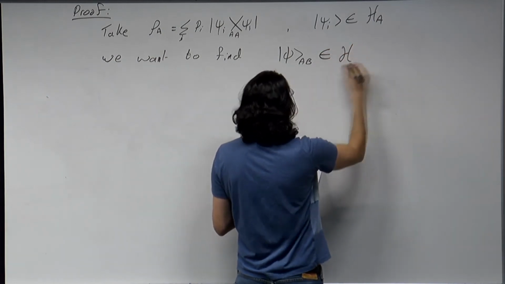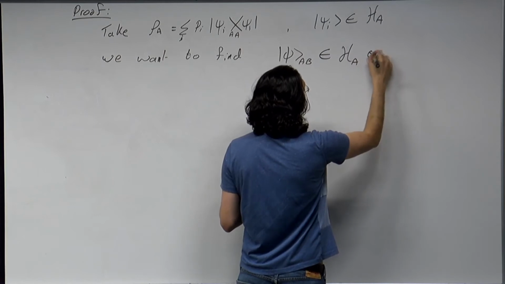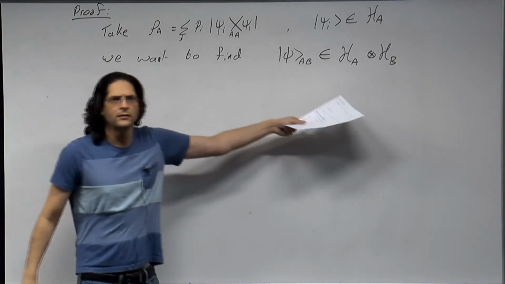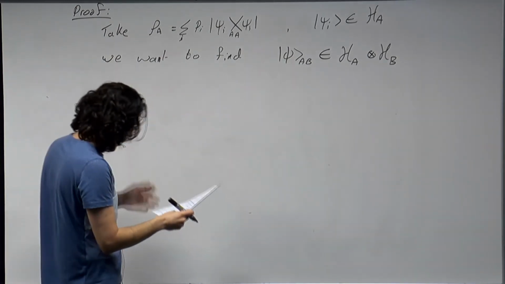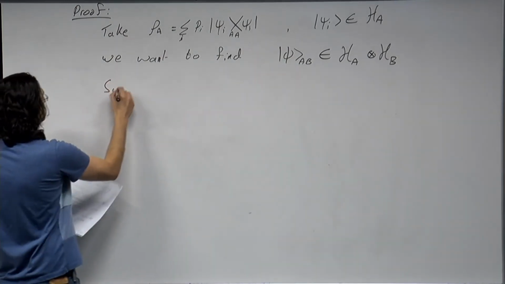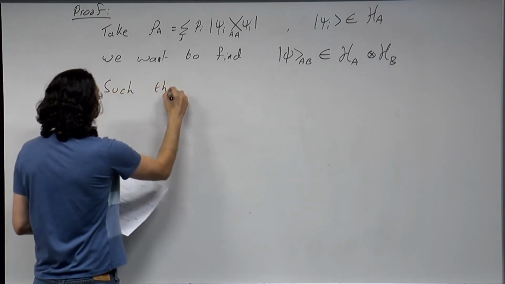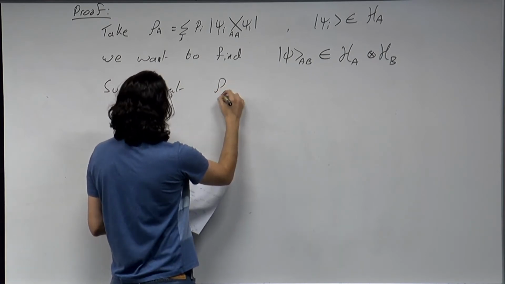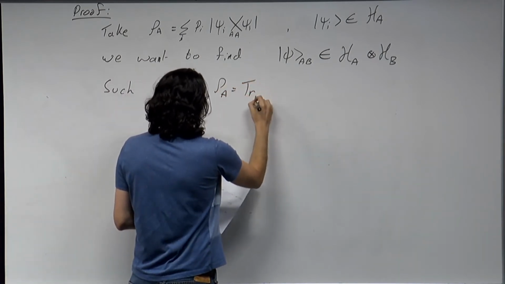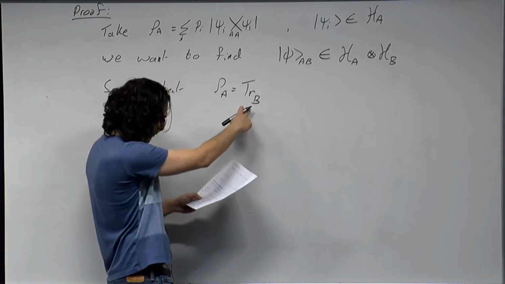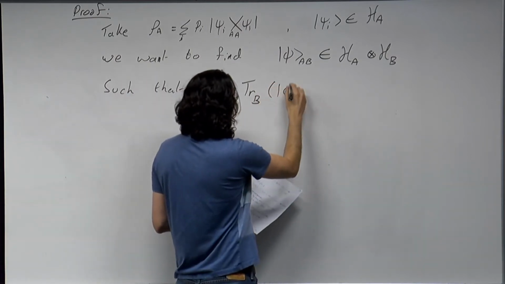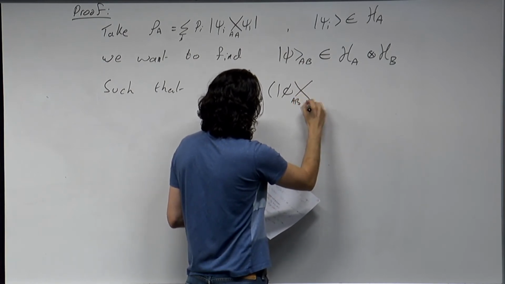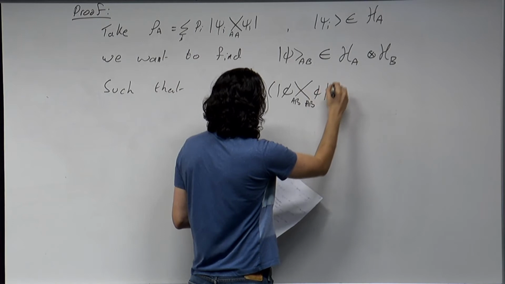So phi_AB lives in the space of A and B, such that rho A equals the partial trace over B of phi_AB.